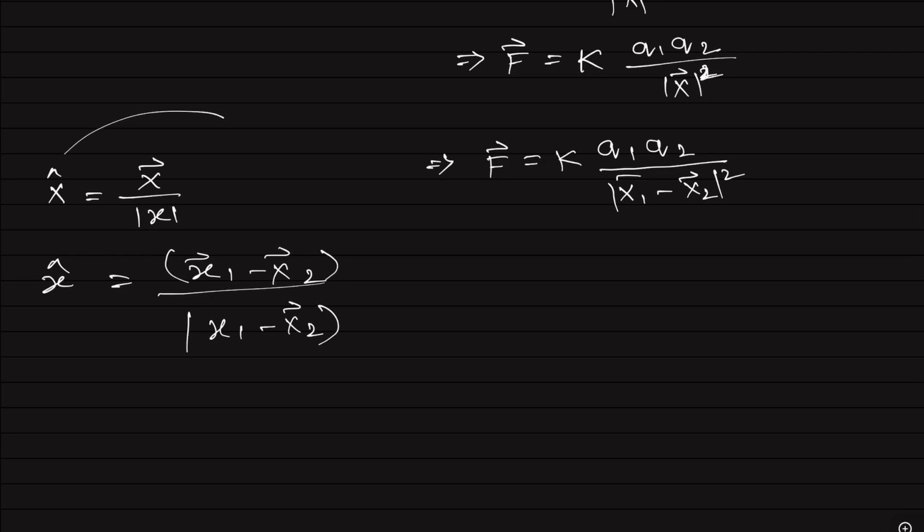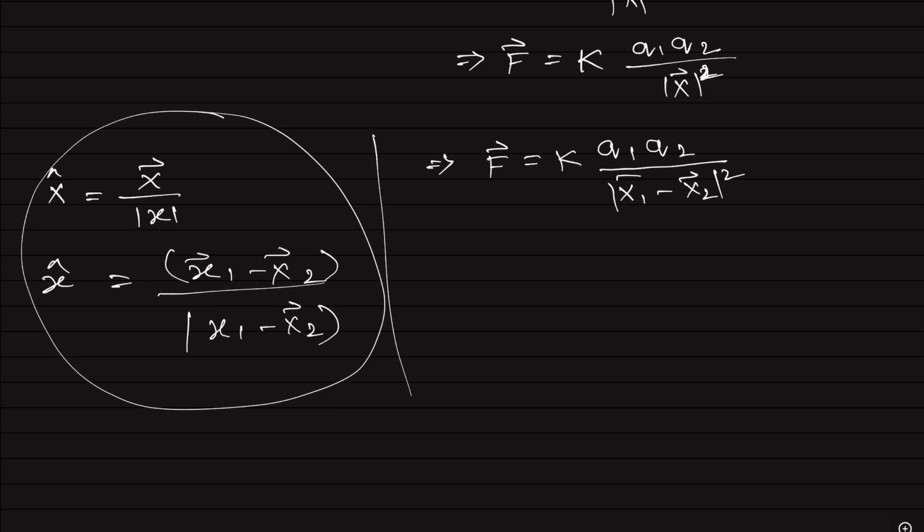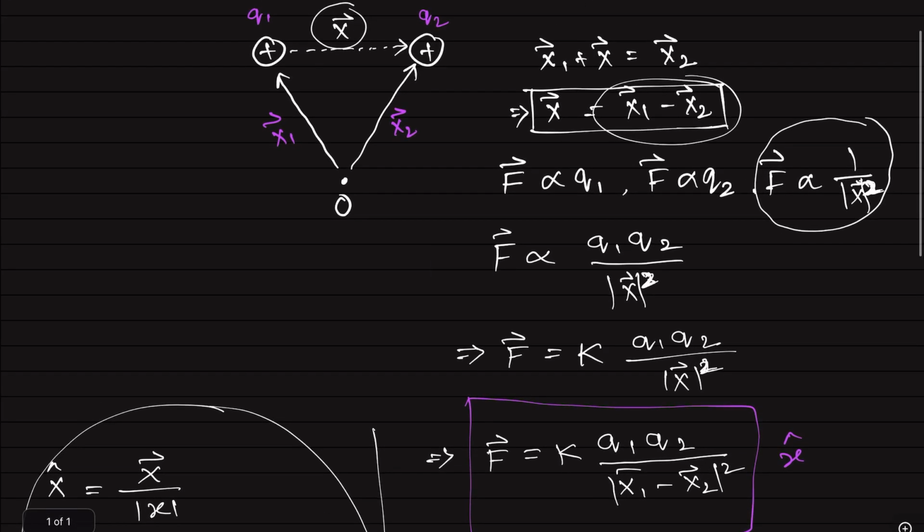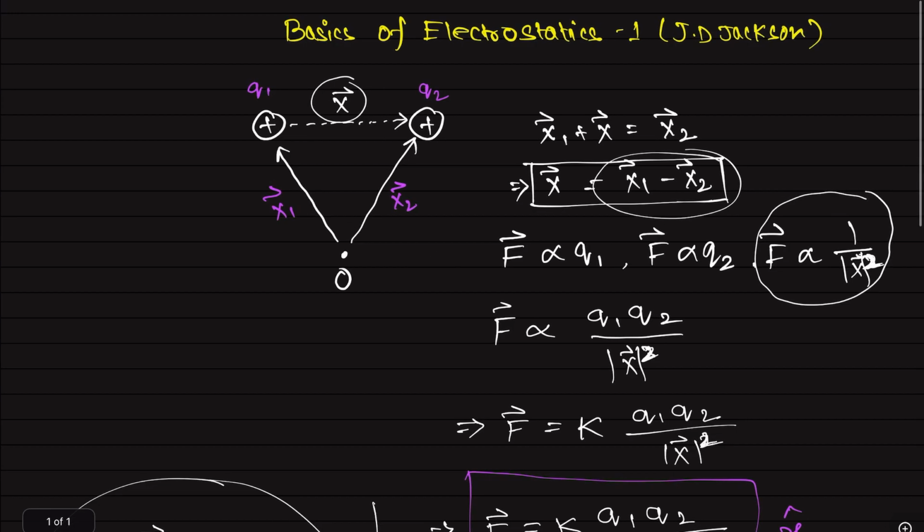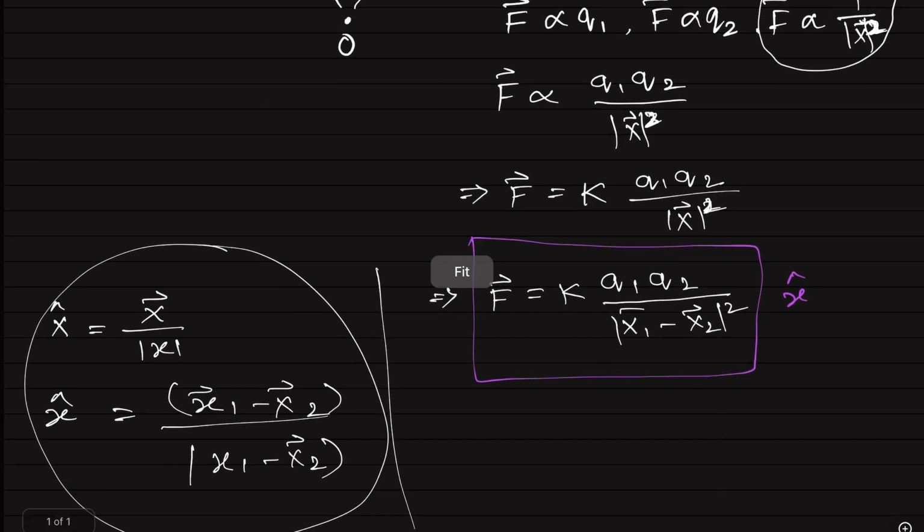This is true. Now see, since this thing is a force, it has a magnitude, and the magnitude is along the x direction. Why? Because first I will consider this force. Let's say this force is F1, the force exerted by q1 on q2.